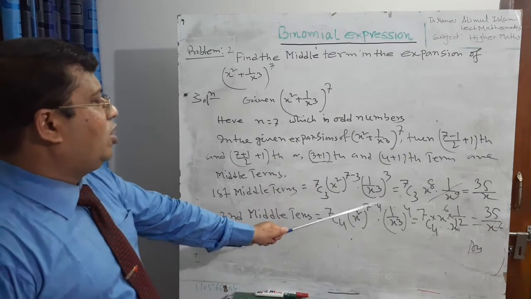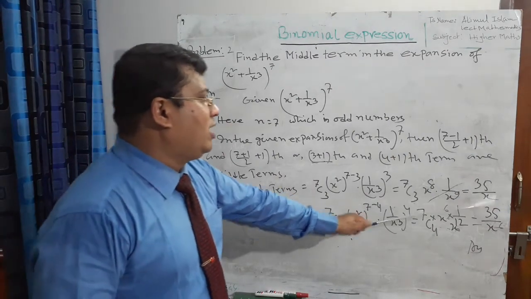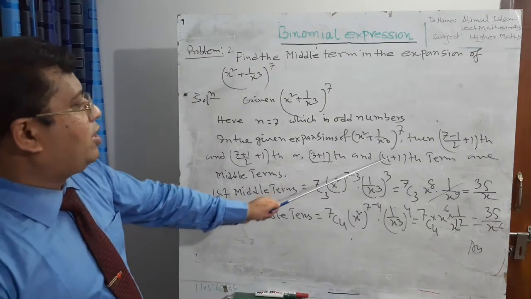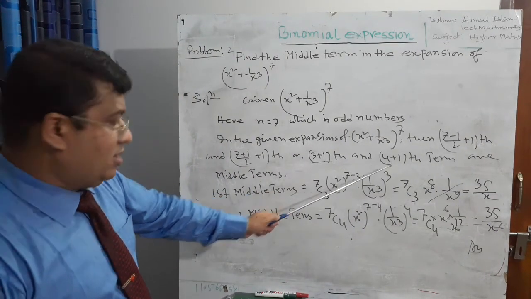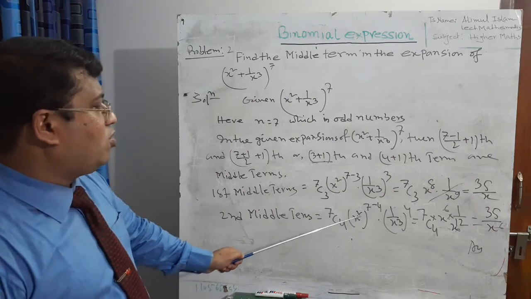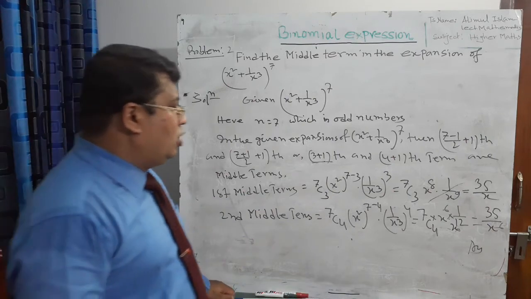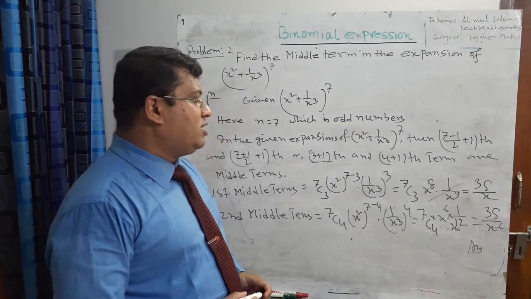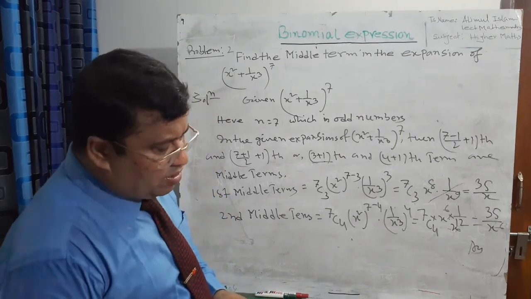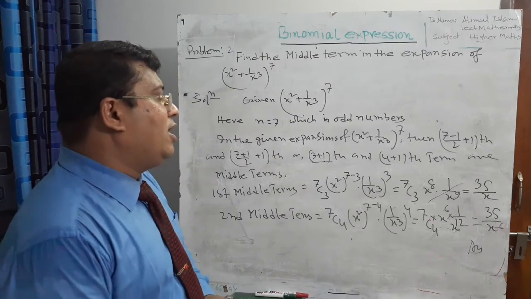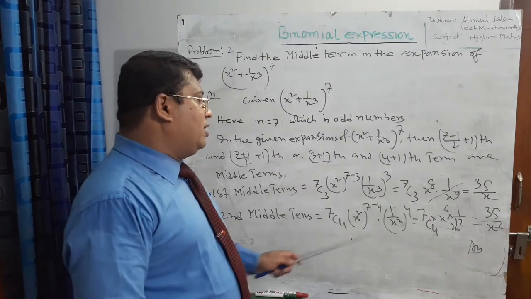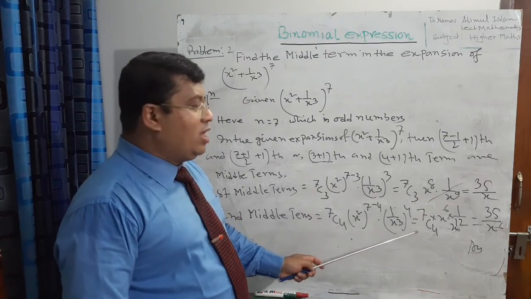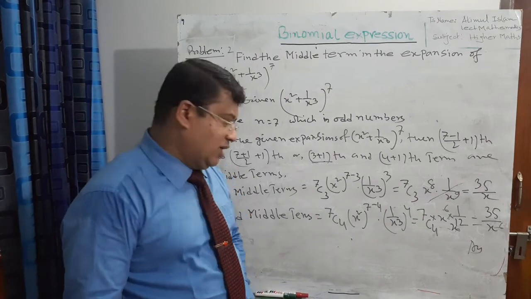After calculation you will get 35 by x. The second middle term is the 4 plus 1 term, r plus 1, so you get 7C4 (x squared) to the power 7 minus 4 into (1 by x cube) to the power 4, which equals 7C4 into x to the power 6, 1 by x to the power 12. After calculation you will get 35 by x to the power 6. You can find 7C4 easily using the calculator.